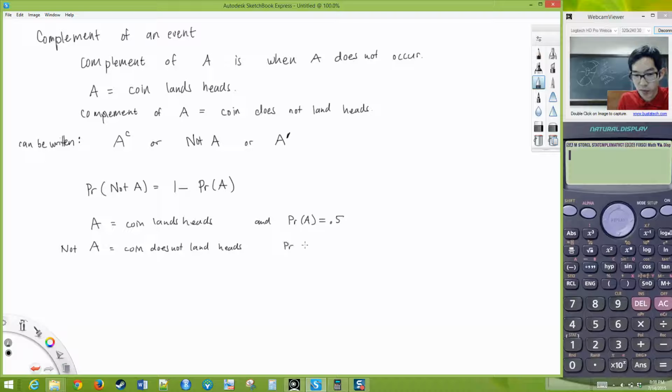And the probability of not A is equal to 1 minus 0.5, which is also 0.5.